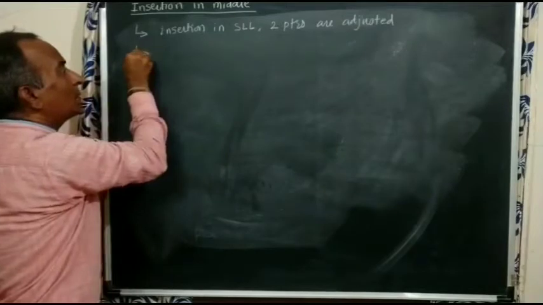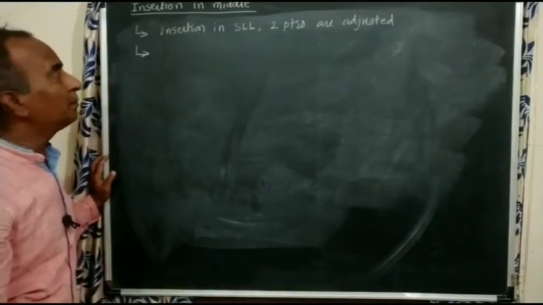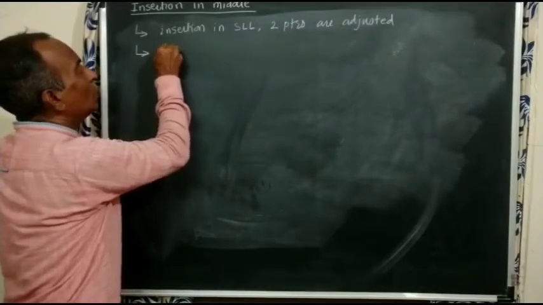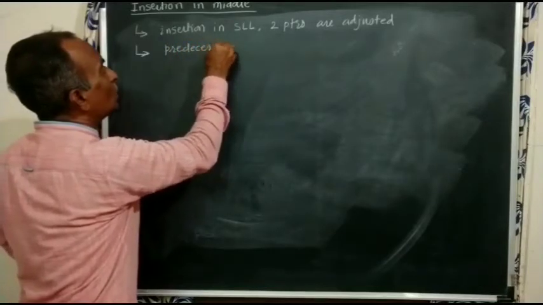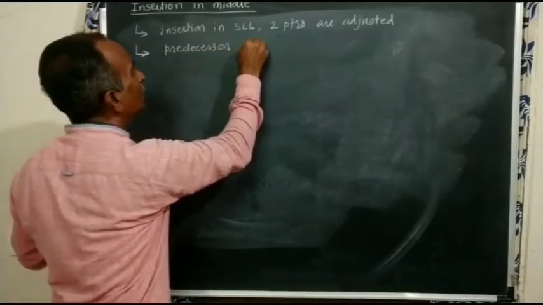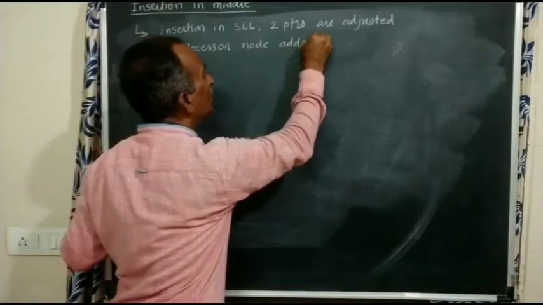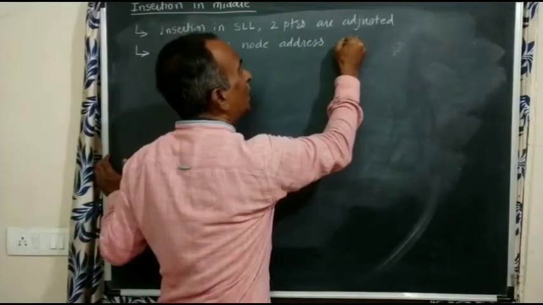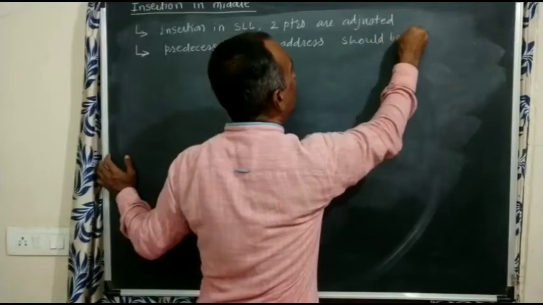Then next, always whenever you insert, you should know the predecessor node's address. Predecessor node's address should be known.